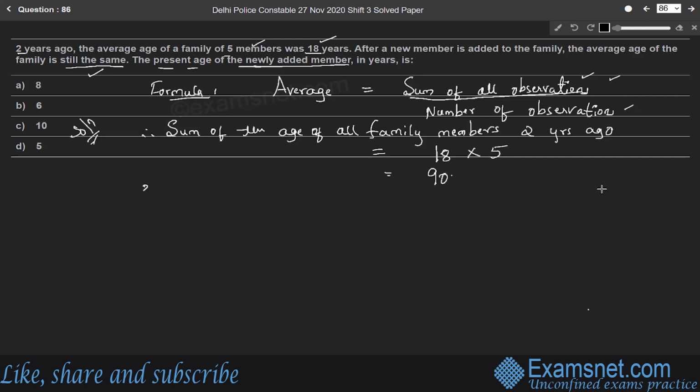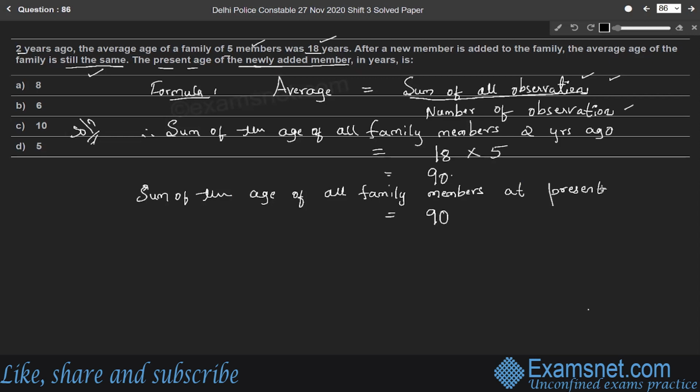So the sum of age of all family members at present. So 2 years ago, it was 90.